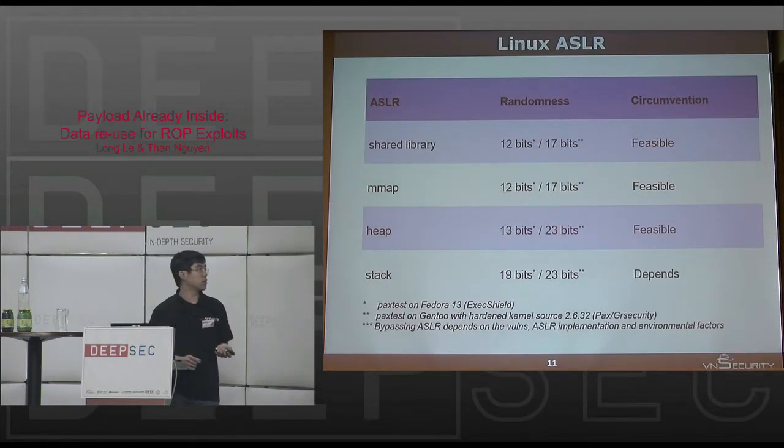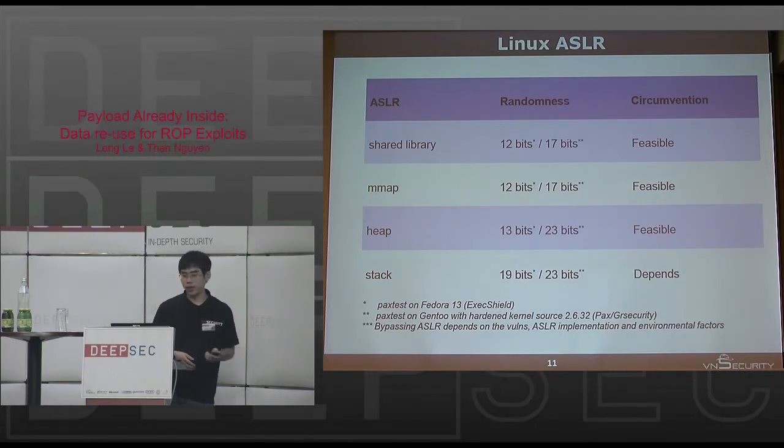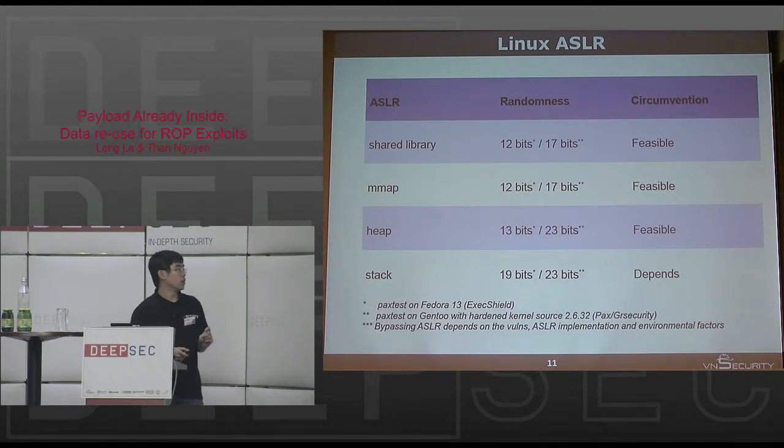This is just a quick overview, the result of the PaX test on Fedora 13 and Gentoo Hardened with the hardened kernel 2.6.32. You see the randomization, the first one is for Red Hat, and the second one is for Gentoo with the PaX and grsecurity patch.